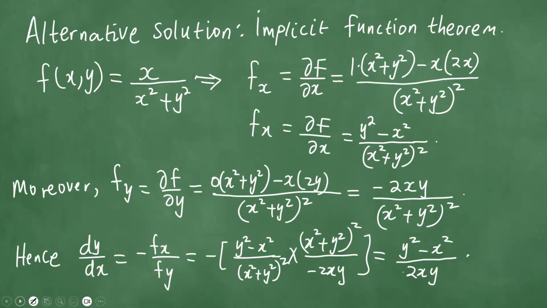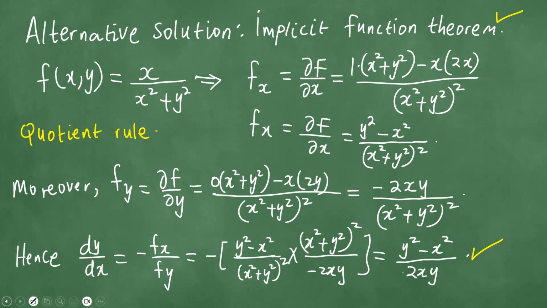So here we used the implicit function theorem, and we used the quotient rule to find a derivative. We are done with this problem, and that is the answer.